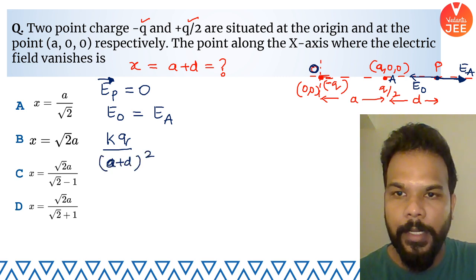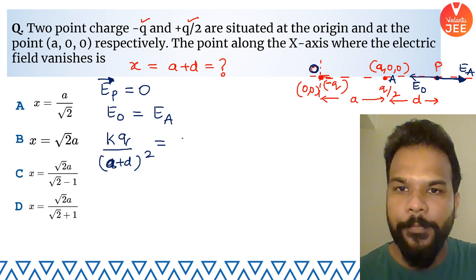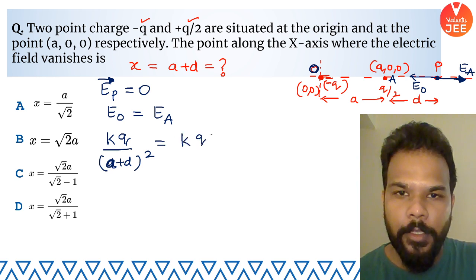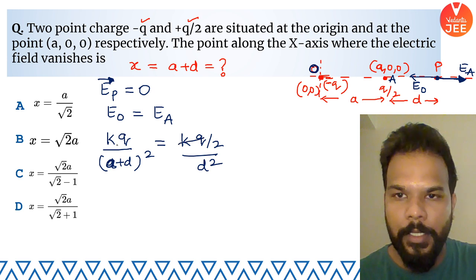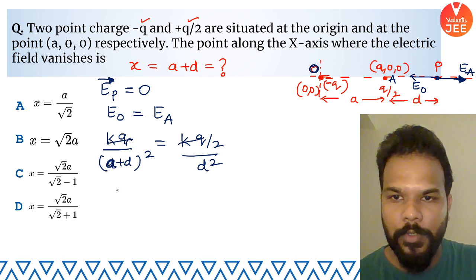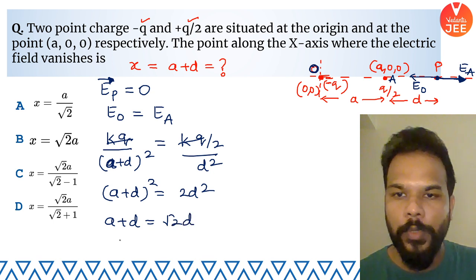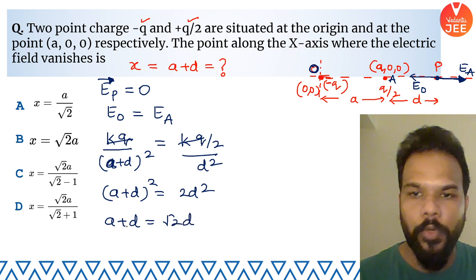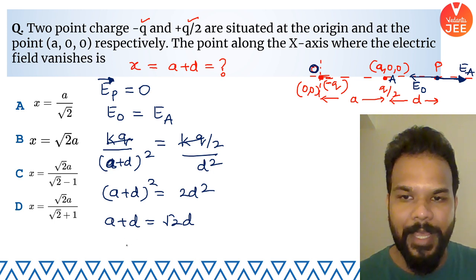Not writing minus q because we are talking about the magnitude of electric field. And this is kq by 2, and it is at a distance d, so this is d square directly. So you can see that kq gets cancelled, this 2 comes down, so I have (a plus d) square equal to 2d square, or we can say a plus d equal to root 2 d. This is what we are looking for, by the way, but the answer is not in terms of d because that is what we have assumed.